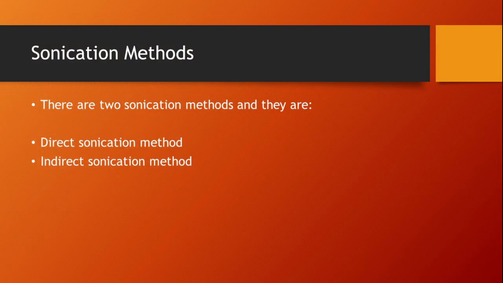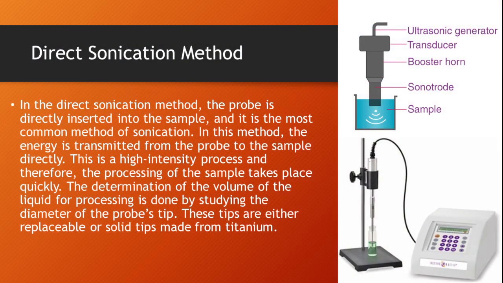On the basis of method, sonication can be of two types. First is the direct sonication method, second is the indirect sonication method. In the direct sonication method, as is visible in the diagram, the probe is dipped directly into the sample, and it is the most common type of sonication used in any biochemical laboratory.